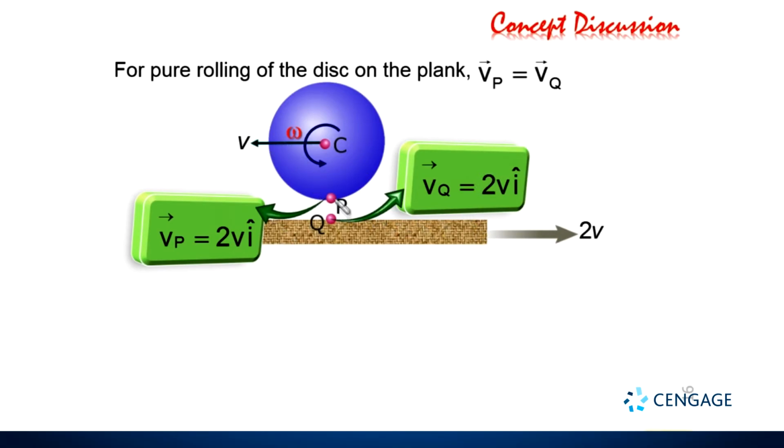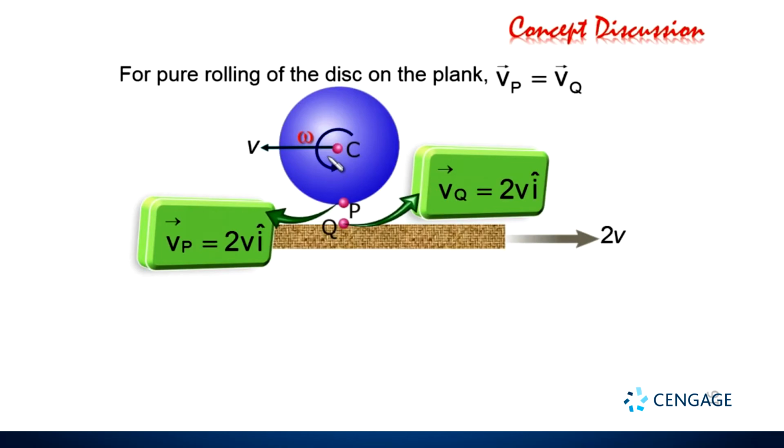So, the rotation sense of this disk about C should be in the counterclockwise sense. Now, we can take one thing. We can consider a rightward direction as positive and leftward direction as negative. So, let us make the velocity due to rotation and translation at point P.